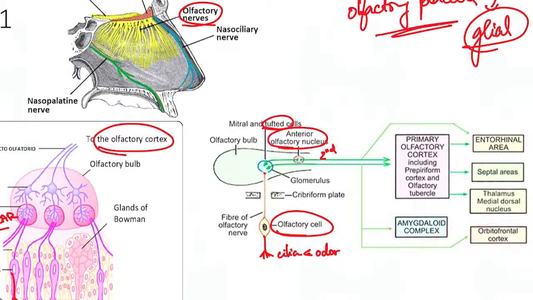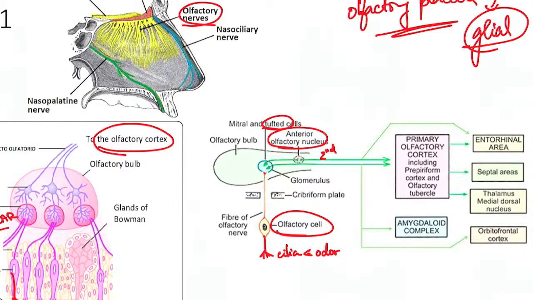That is why efferents go into the amygdala and the orbitofrontal cortex. Smell sensation and taste sensation are equally important and are associated together. That is the complex nature of the olfactory pathway.